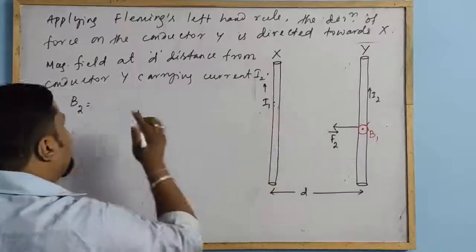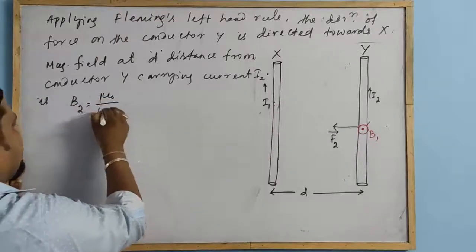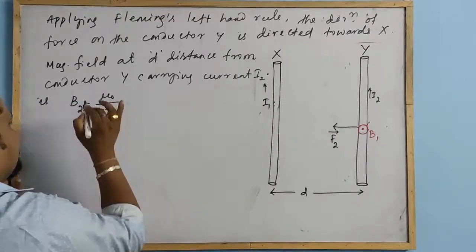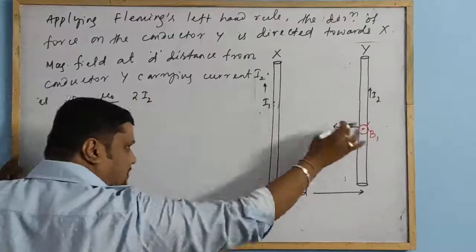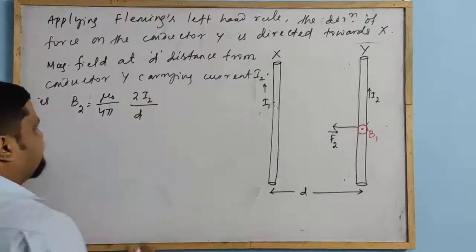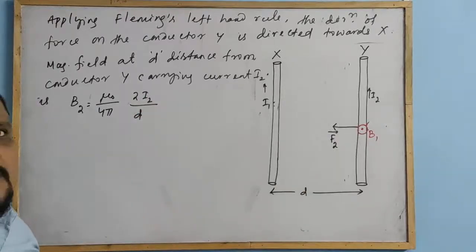For this it is B2 equals mu naught by 4 pi, 2 I2 divided by D. What is this direction?